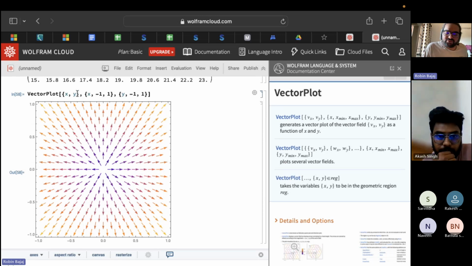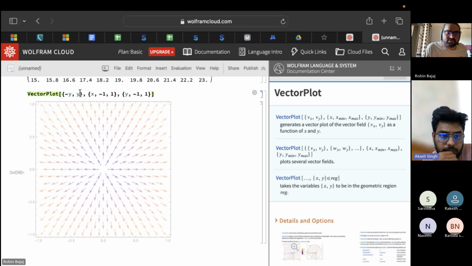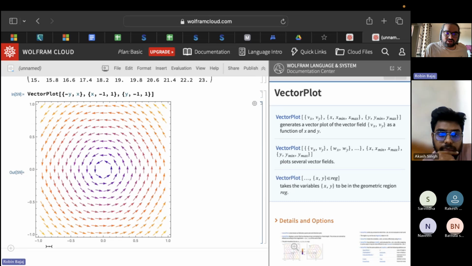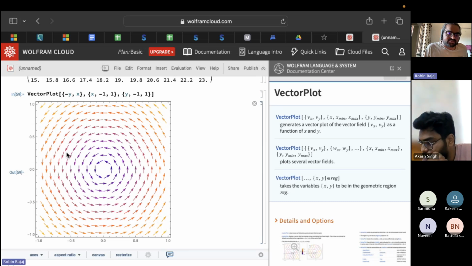But what if I do, let's say, this? If you solve this analytically, you will see it will have curl. And this function also has a curl, which is this rounding motion. So it's non-zero. You can basically play with a lot of physical things by this kind of stuff.